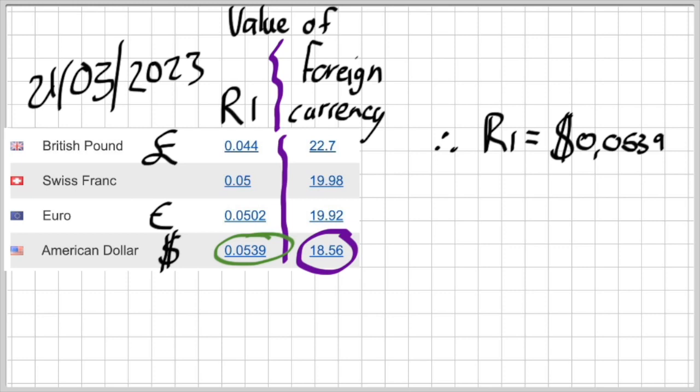Now, what affects the value of the rand? Well, there are many things, ladies and gentlemen. And this is a whole big economic discussion. I know some of the things, and I'm not an economics expert, but things like instability in your country affect whether your currency is valued or not. But also, some of the countries on purpose keep their currency weak, like the Chinese currency, the yuan.